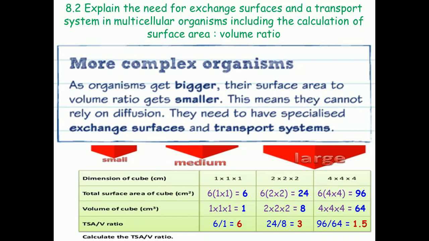You can't diffuse in enough material and diffuse out enough material that is required for metabolism to occur. So because of that, certain organisms need specialized exchange surfaces and transport systems instead of relying on diffusion like unicellular cells.